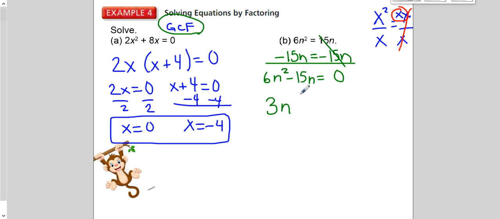Yes, they do. Now divide each of them by 3n, put that in the parentheses, so that we have stuff times stuff equals this. So 6n squared divided by 3n, and negative 15n divided by 3n. Write it down.